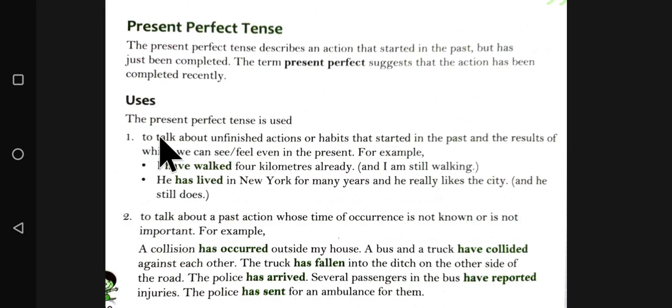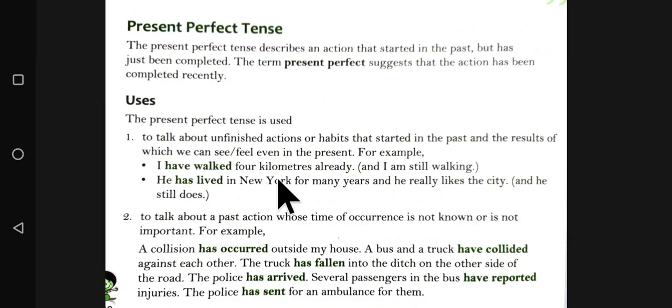Okay, now let's see a few more uses of present perfect tense. Now, first use is it is used to talk about unfinished actions or habits that started in the past and the results of which we can see or feel even in the present. For example, I have walked 4 kilometers already. So, this is showing an unfinished action because I'm still walking.